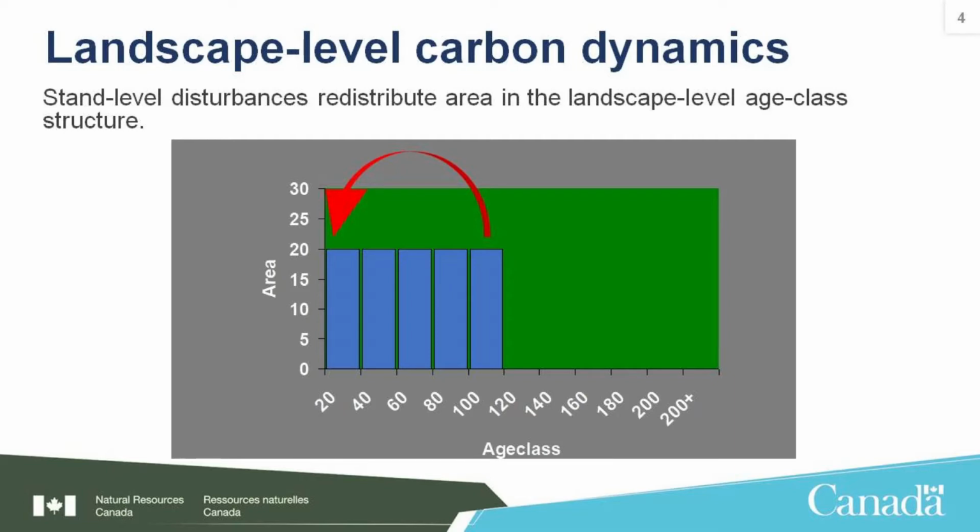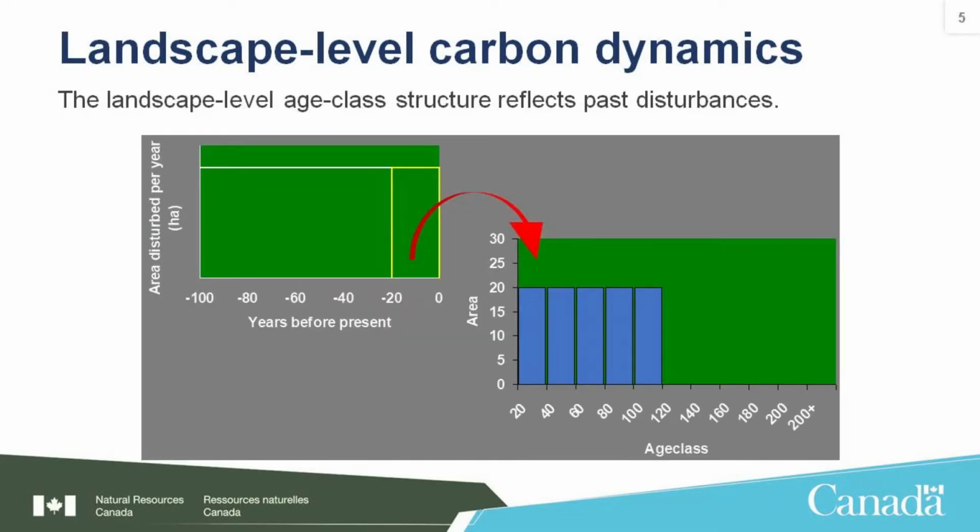When the oldest age class is harvested, the area is basically moved from the oldest age class to the youngest age class, and then it starts to regrow. What that means, assuming a constant disturbance regime, is that what is the youngest age class is what was disturbed in the last 20 years. This means that the sum of the area disturbed in the last 20 years is equivalent to the sum of the area in the youngest age class, assuming no land use changes, regeneration delays, etc.